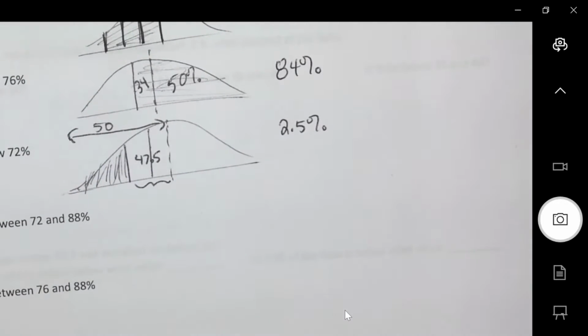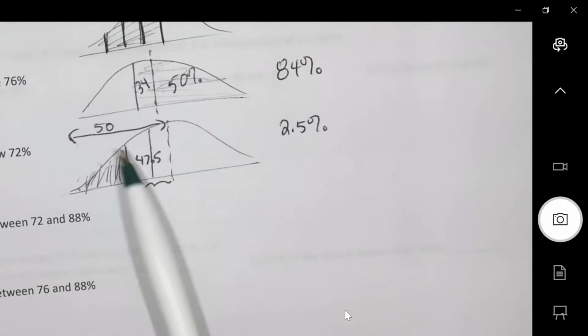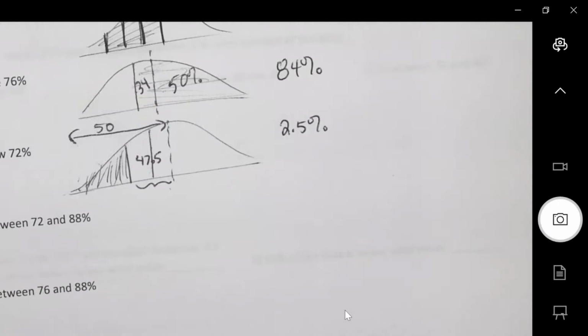I got a 2.5%. Are we okay finding that? I did a method of taking away those 2 sections, but I'm not sure if you had your little sections and you added them up.